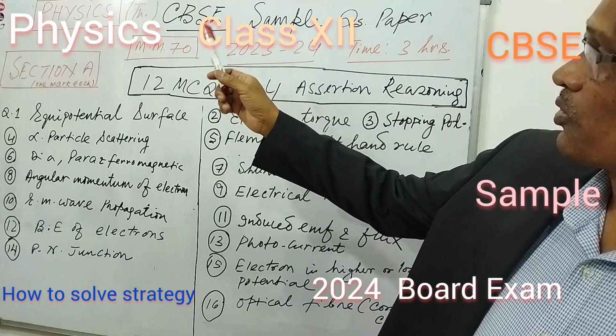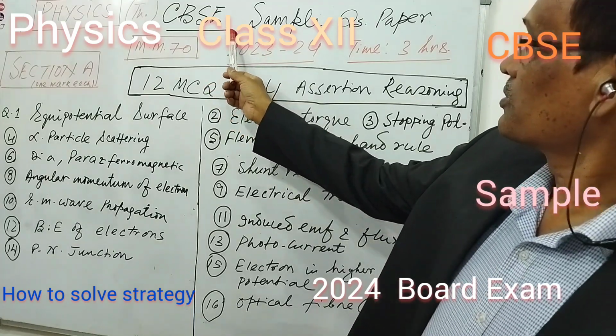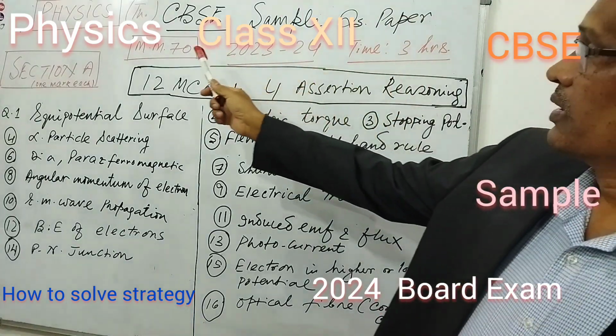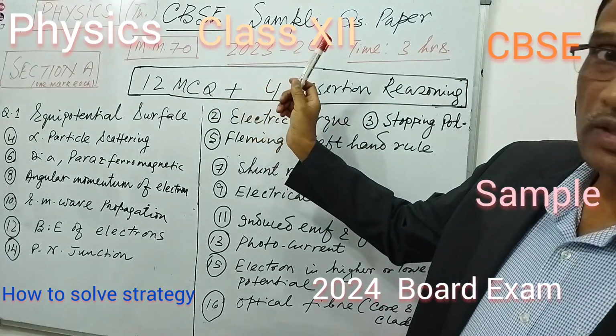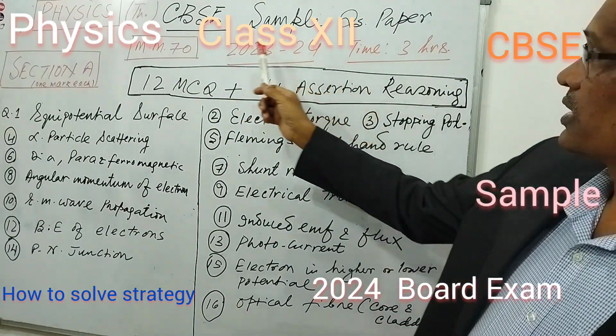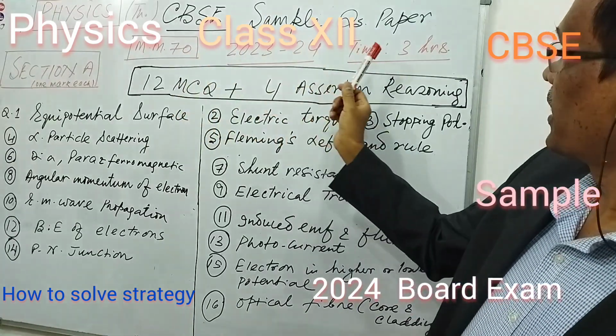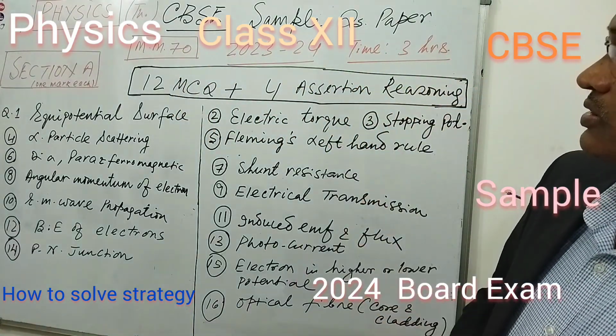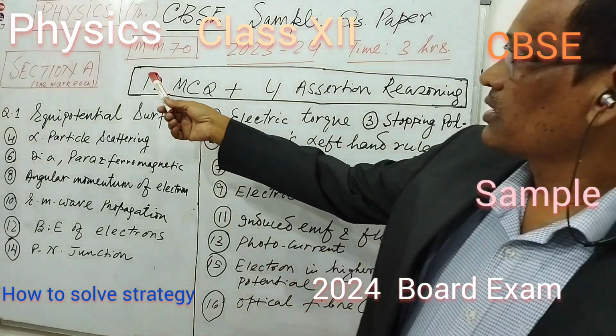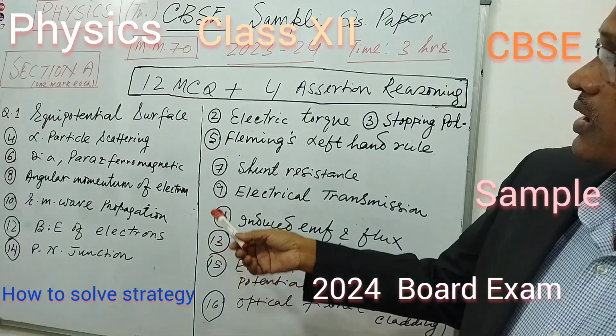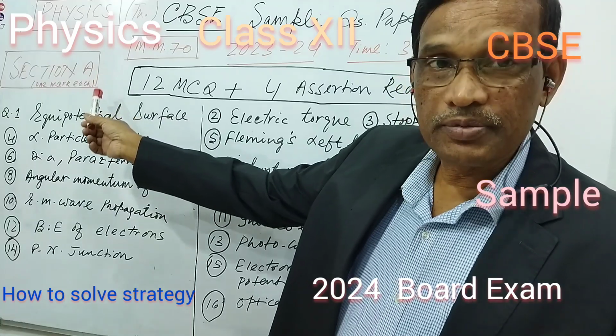Let us go for the physics theory CBSE sample question paper 2023-24. The maximum marks allotted to you is 70 and the time allowed is 3 hours. The CBSE sample question paper consists of basically 5 sections.